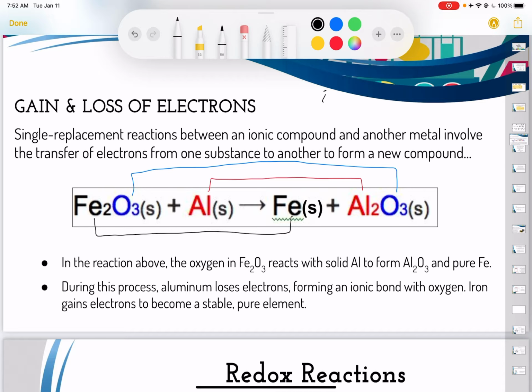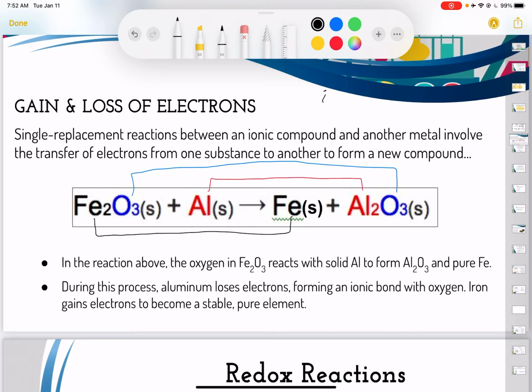Okay, so if we look at iron, what we have to do is figure out what the charge of iron is on the left-hand side. To figure that out, you normally know that we look in the periodic table to figure out what the charge of things are.